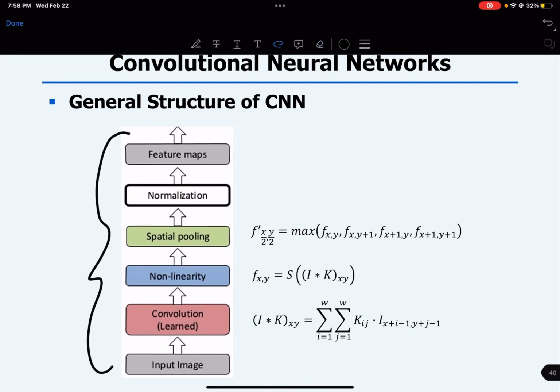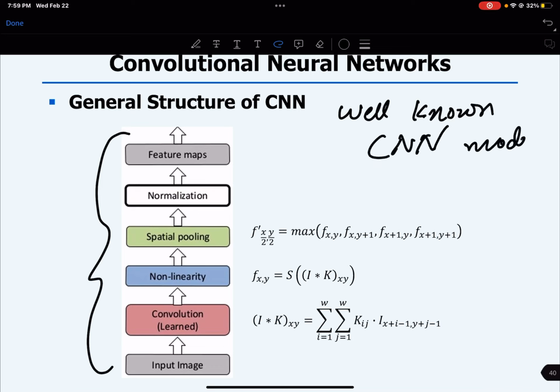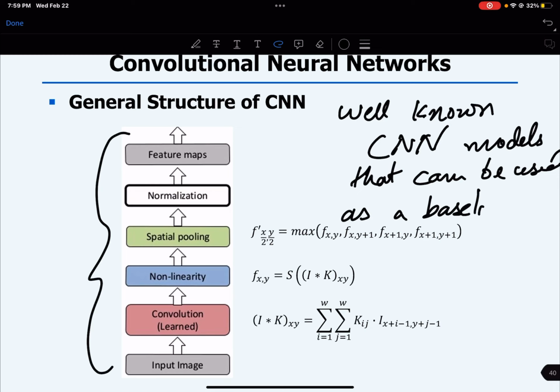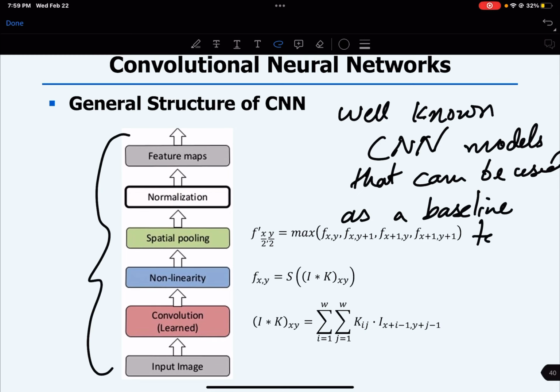We can also change the number of layers, and there are some well-known convolutional neural net models that can be used as a baseline to compare your own results.